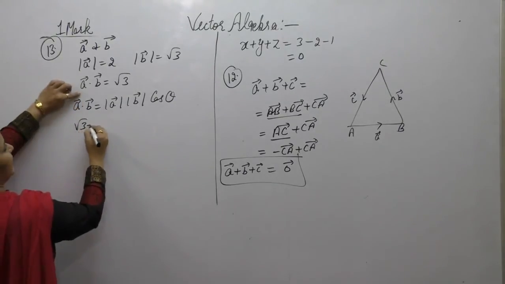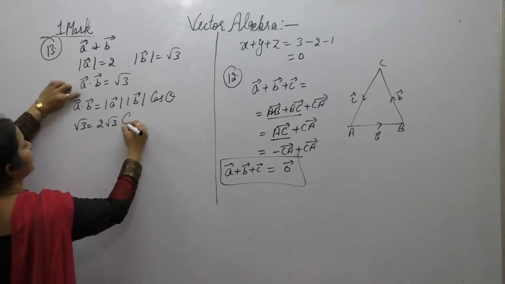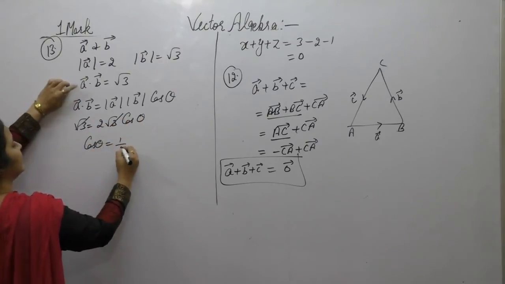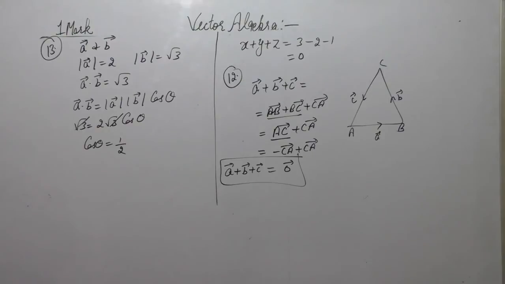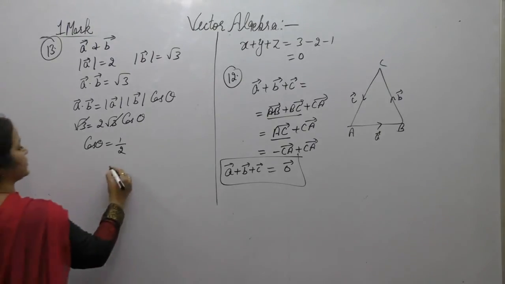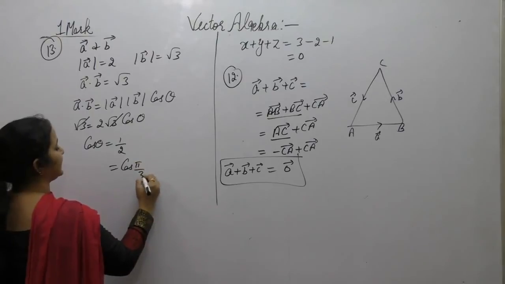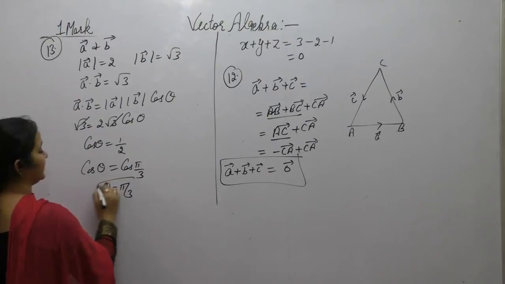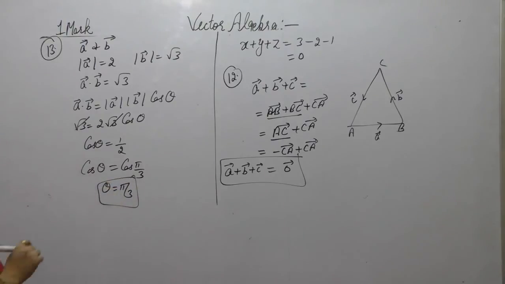A dot B is given, 2 square root of 3. So cos theta is 1 by 2. 1 by 2 is the value of cos 60 degree, so we can write it as cos pi by 3. So theta is pi by 3. Note it down.